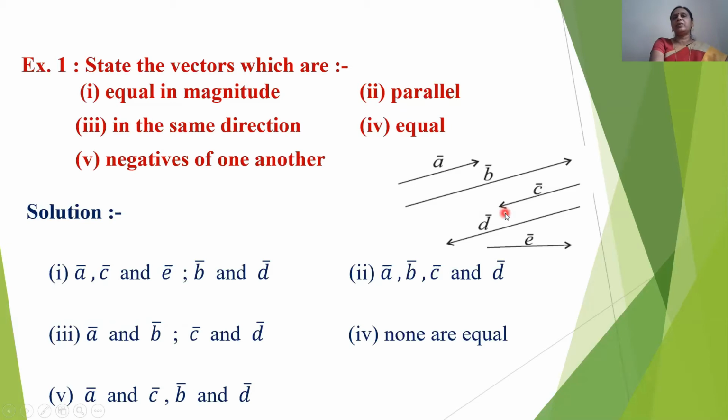Therefore, they are negative vectors of each other. Again, B bar and D bar have the same magnitude, but their direction is opposite. Therefore, these pairs are negative vectors of one another.